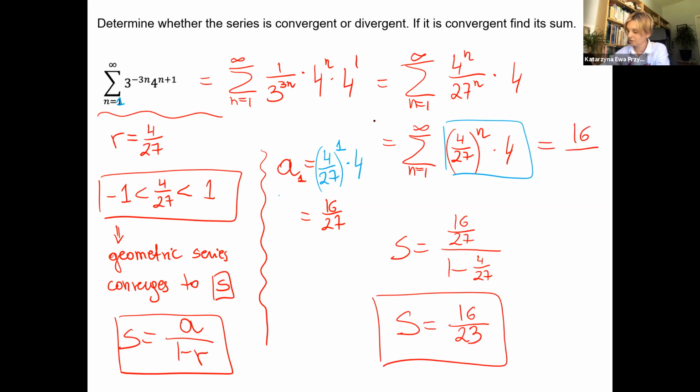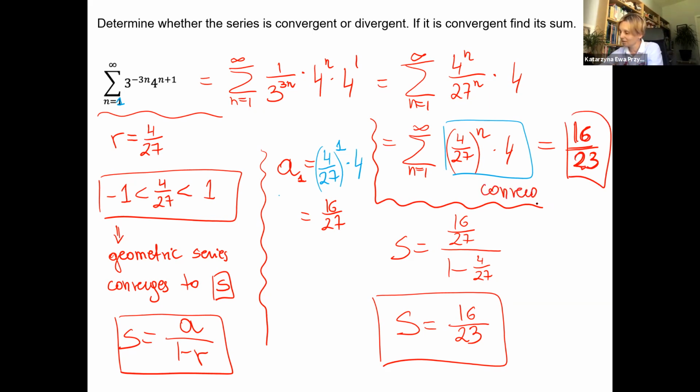And that's the summation, 16/23. Yeah, because 27 minus 4 is 23, 16/23. Yeah, okay, thank you, Cameron, that's good. Okay, this is the sum. Actually, it converges to 16/23.